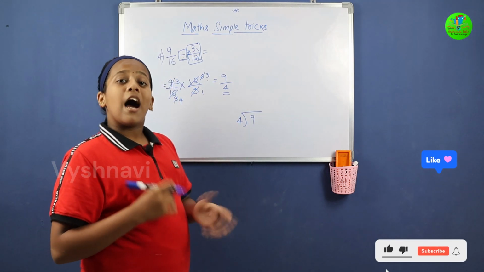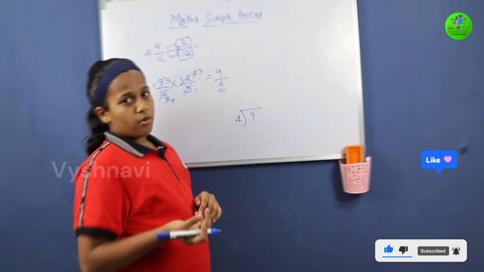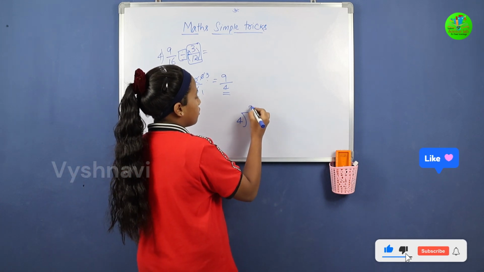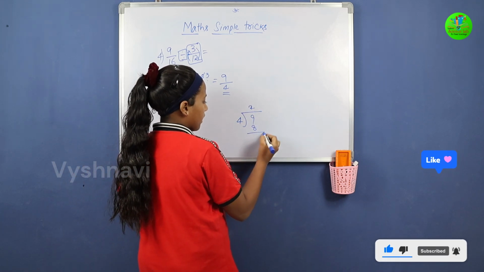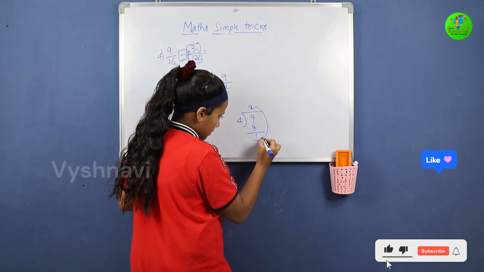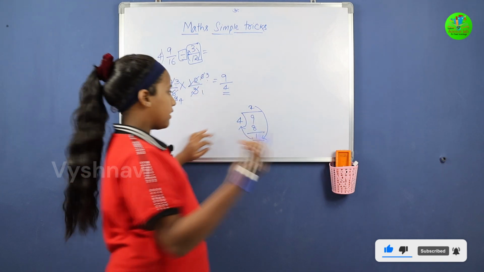How can we change into mixed form? I will tell you. What is the meaning of mixed form? We will discuss in the next video. 4 2s are 8. 1 here. This is the answer. This is the mixed form.